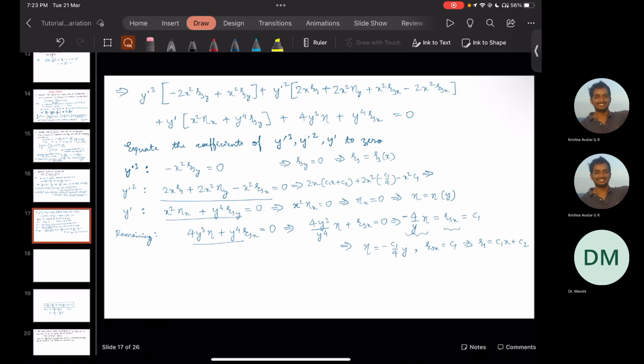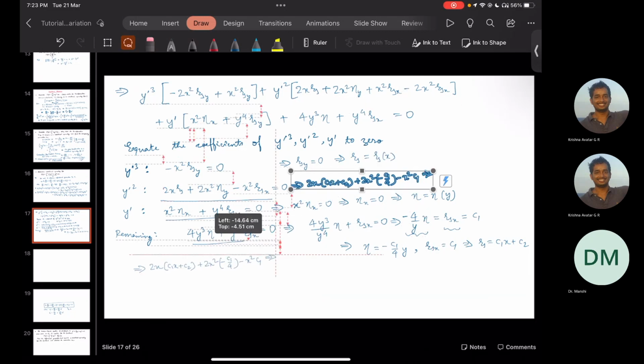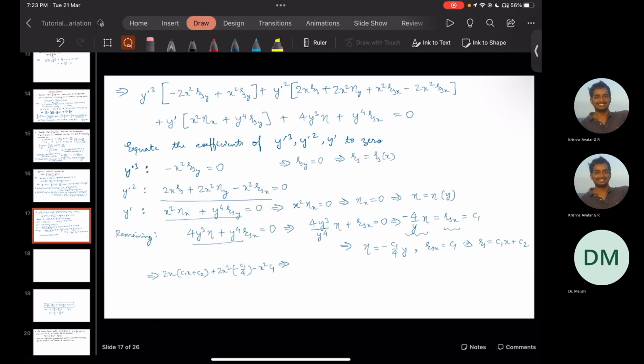I think I'll just take this down here, to have more room. We are solving this equation here, and this was supposed to be 0.